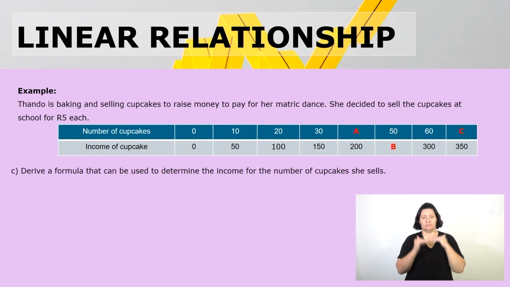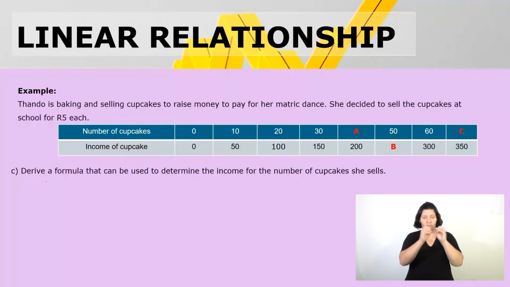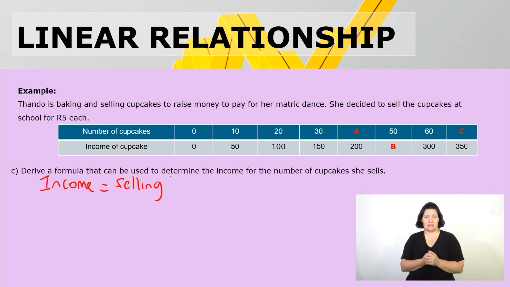Let's move along. Derive a formula that can be used to determine the income for the number of cupcakes she sells. Remember, for me to get an income, I need to sell something. So the formula that we can use, we will say income is equal to selling price multiplied by n.